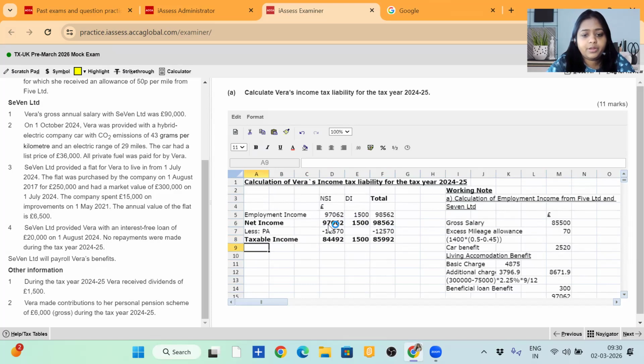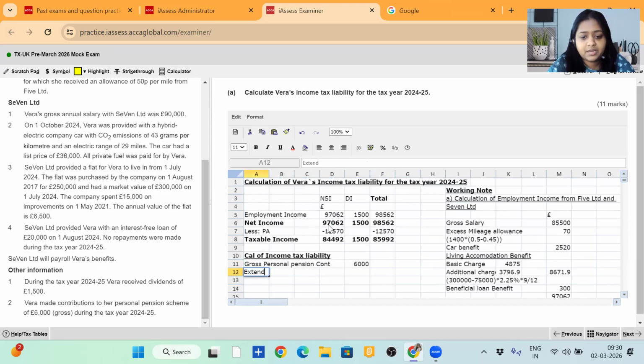Okay. Now you know that BRB will be extended. So here I will write calculation of income tax liability. Okay, so here I will write BRB, gross personal pension contribution, which is mentioned to you as 6,000 gross.